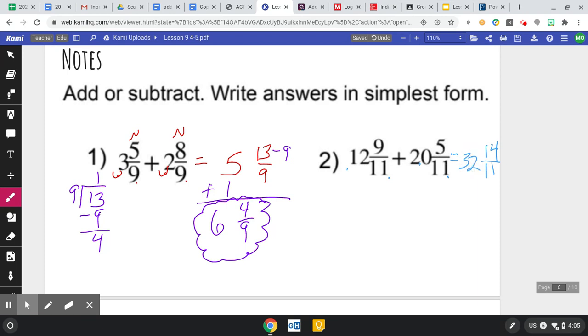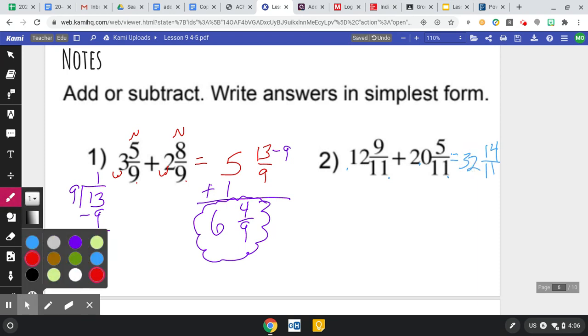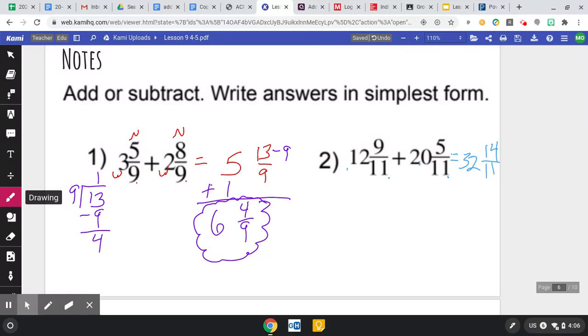Once again, we have an improper fraction. 11 can go into 14 one time. Then I take 11 away from 14, which is a 3. Keep my 11. So I have 33 and 3/11 as my final answer. If you have any questions on those, please send me a message for clarification.